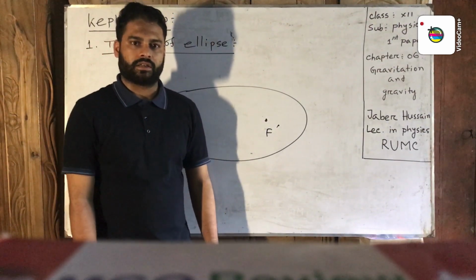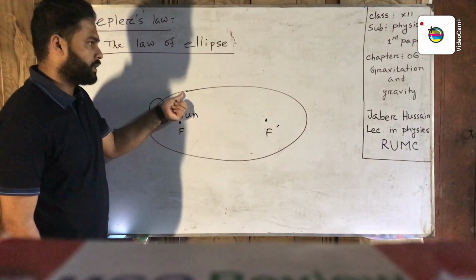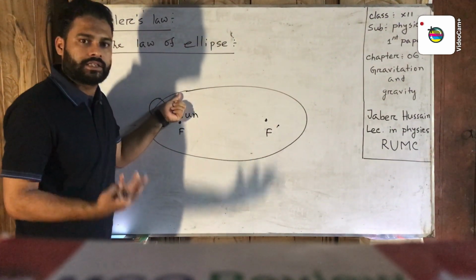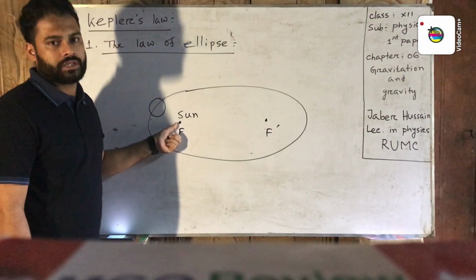I say again, the law of ellipse: the orbit of each planet is an ellipse which has the sun at one of its focus.